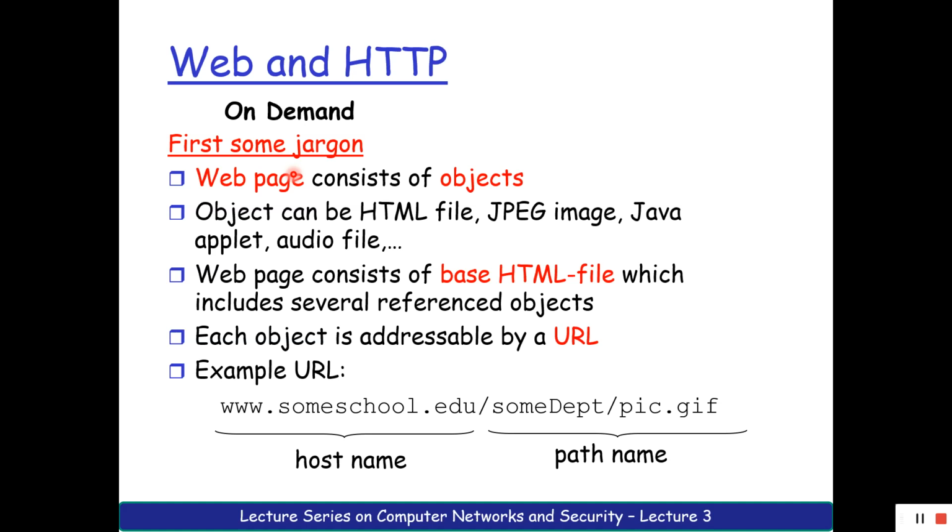A web page always consists of objects. What is the meaning of objects? An object is an HTML file, or it can be an image, or an applet, or an audio file.